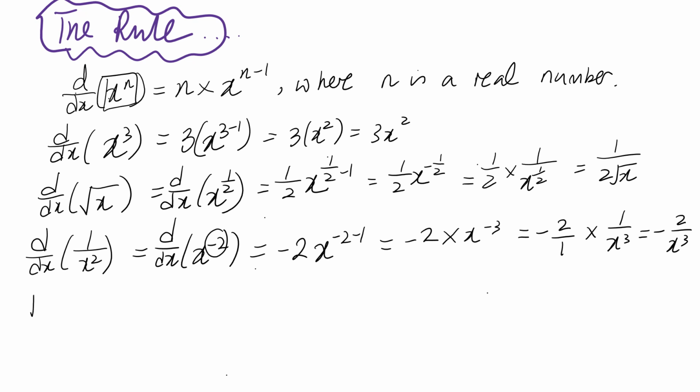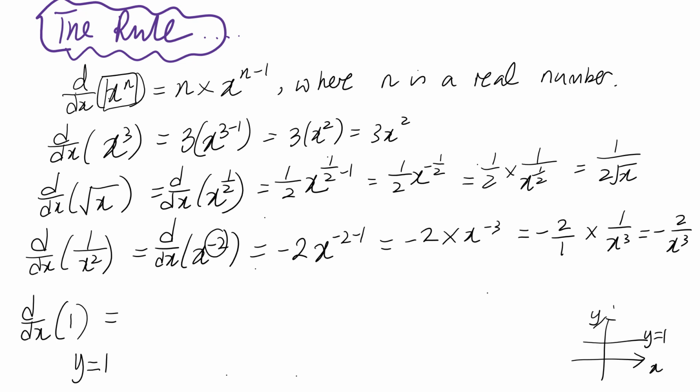How about if I need to find the gradient function of 1? Now, what does 1 mean to you? 1 means y equals 1, right? So if you have y equals 1, we're talking about a horizontal line.